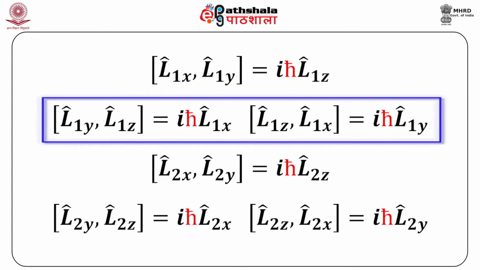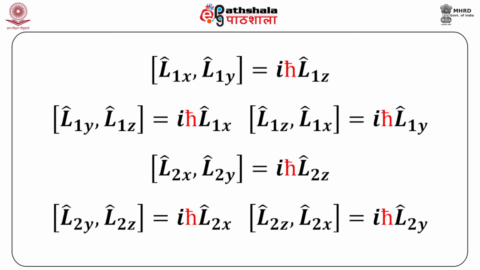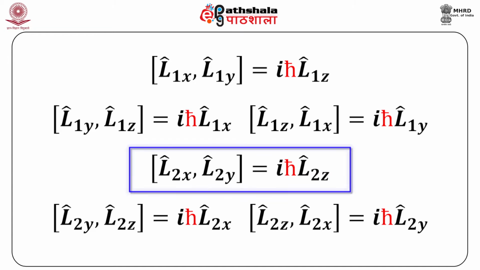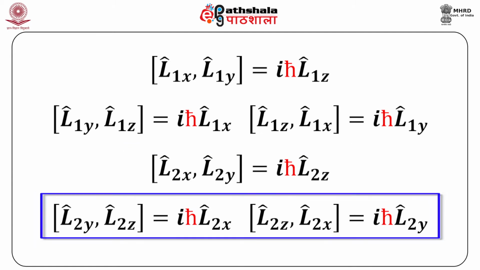Similarly, the commutation of L1z, L1x gives the commutator as iota h cross L1y. Likewise, we have the equations for the second electron system as well. L2x, L2y commutation gives the commutator iota h cross L2z, and L2y, L2z commutation gives iota h cross L2x. Similarly, the third commutation L2z, L2x gives the commutator as iota h cross L2y.